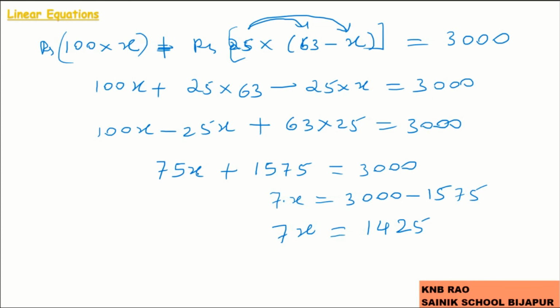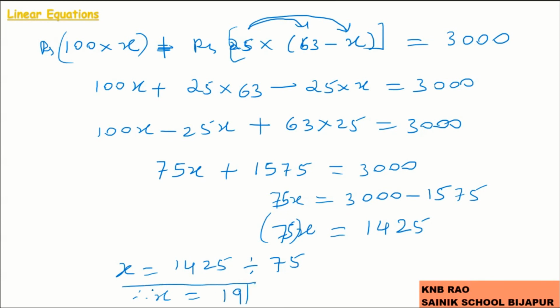Is it 7x or 75x? It's a 75. This 75, which is a multiplicand, if it goes that side, it does the division. So 1425 divided by 75. Therefore x equals to 19.